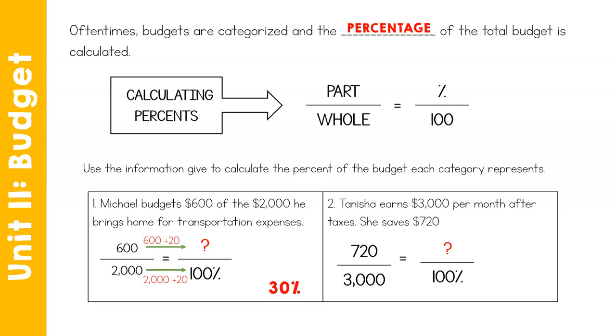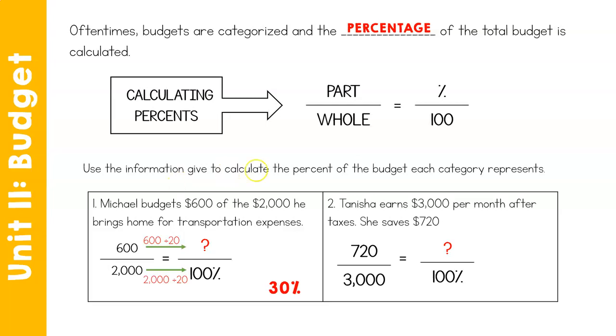I said, okay, well, I'm going from 2,000 to 100, so I know I'm going from big to small, so I know my operation is division. And then I just figured out what number I could divide 2,000 by to get 100. That might take a guessing game, but eventually I got that 2,000 divided by 20 would give me 100. And if I did that to the bottom, then I would have to do that to the top, and then I would get the 30%.